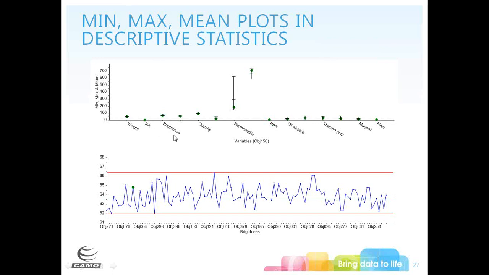But in the top chart, it's the min, max, and mean for this sample across each one of the variables, and it's displayed here with the min, max, and mean values for that variable across the data set. So though we're doing multivariate data analysis, it's also very important to look at our data to understand the variability in our data on a univariate sense to enable us to interpret and understand our results.